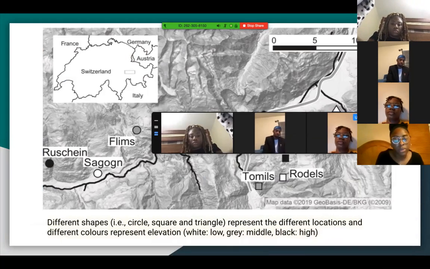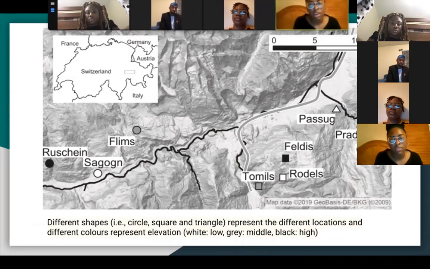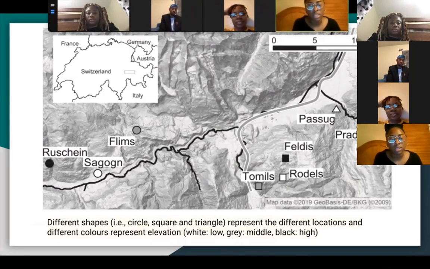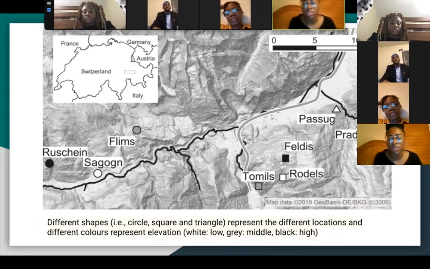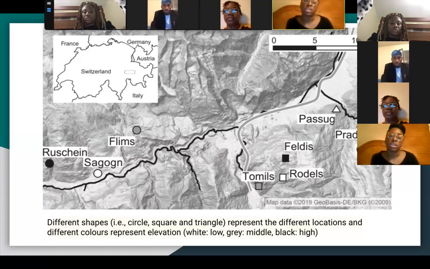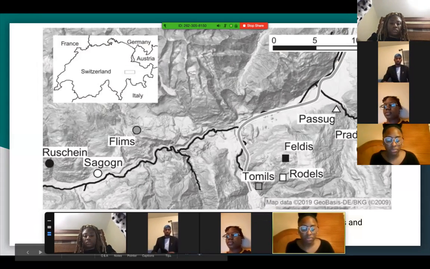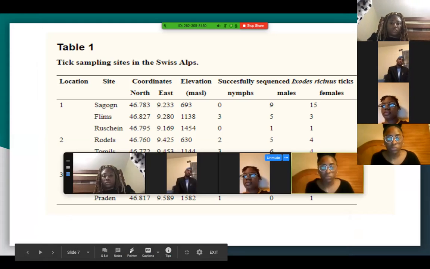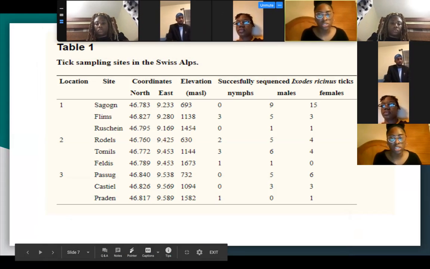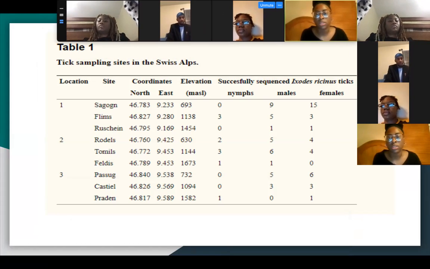So in this map, we have the location of the sampling sites. You see circles, squares, and triangles, which represent the location, and the colors of those circles, squares, and triangles represent the elevation levels. Next slide. So in this chart, you just see the successfully sequenced ricinus ticks.